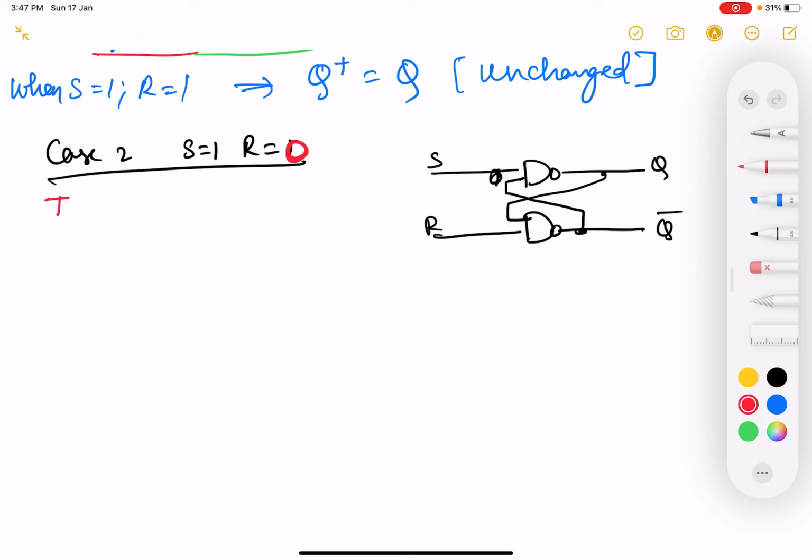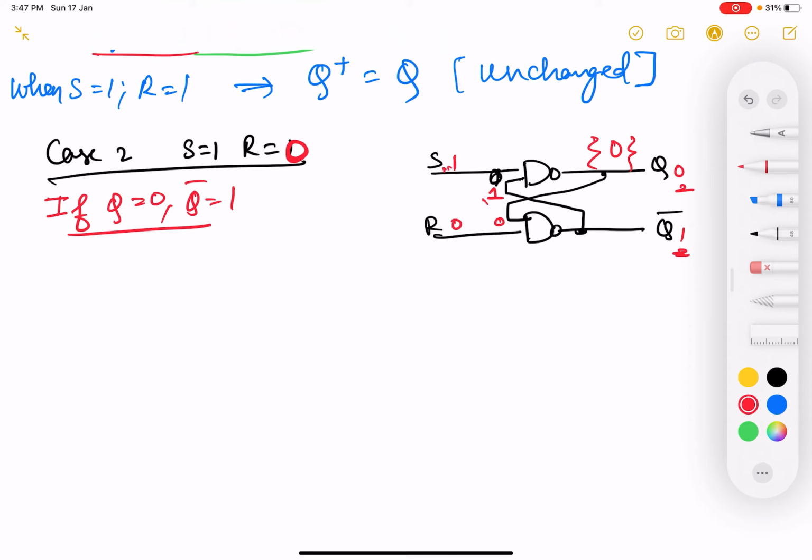and now we are again assuming if initially Q was 0, simple, Q bar must be 1. Now we will see what will be the output after the application of the input 1 and 0. So we are giving the input 1, we are giving 0. Here before the application of input the output was 0, this will be 1. So this 1 is coming over here, this 0 is coming over here. When both the inputs to the upper NAND gate are 1 and 1, we get the output as 0.